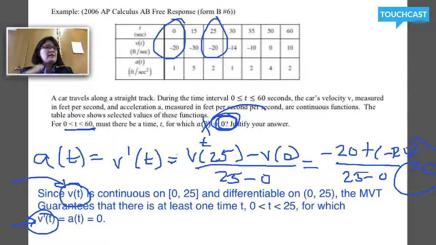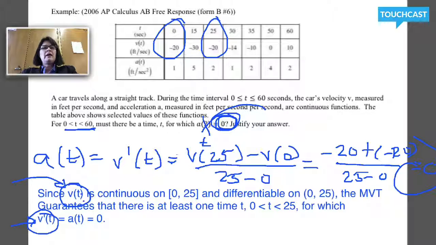The original problem asked us a question about a. So we have to make that connection. We have to use the mean value theorem correctly, which is to look at characteristics of v and use that to prove the existence of v prime. But then we also have to let the reader know that we understand, because we studied chapter 3, that v prime is the same as a of t.